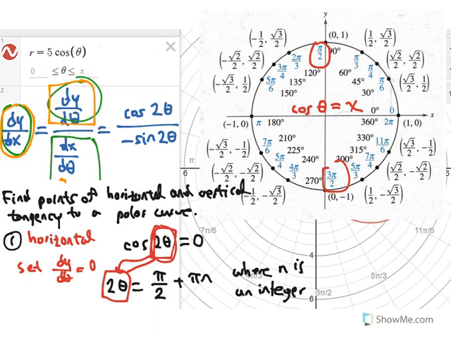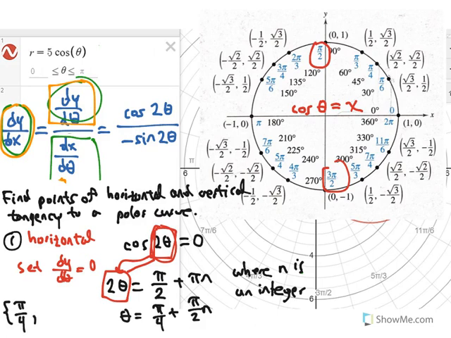So now you can solve for θ. Multiply both sides of this equation by 1/2, and you get θ would be equal to π/4 plus π/2 n, where n is an integer. So if n is 0, you get θ is equal to π/4.